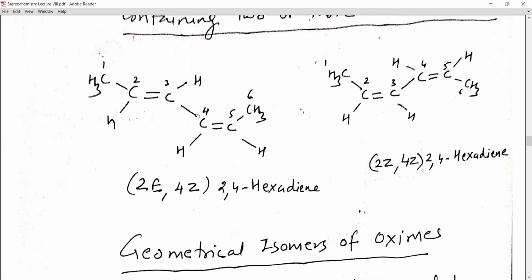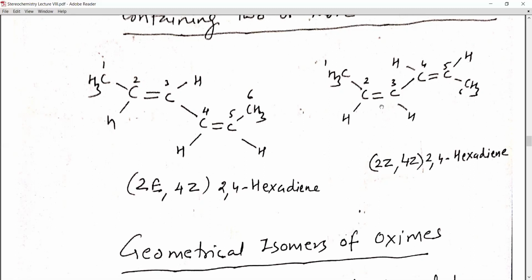So both are on opposite sides, so it will be referred to as 2E. Whereas at C4 carbon, see here, the higher priority group is methyl and the other higher priority group is this whole group. So both are on the same side, together, so it will be named Z.